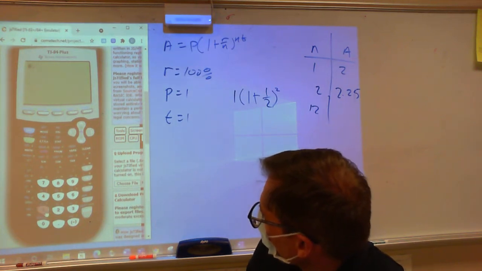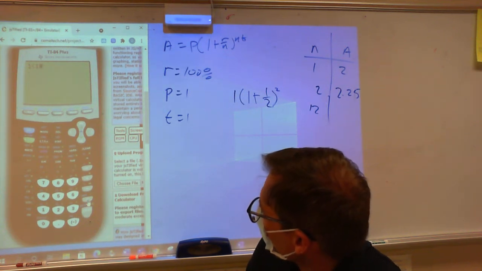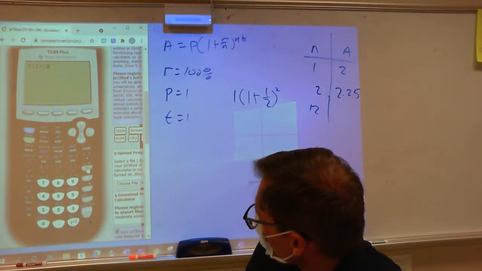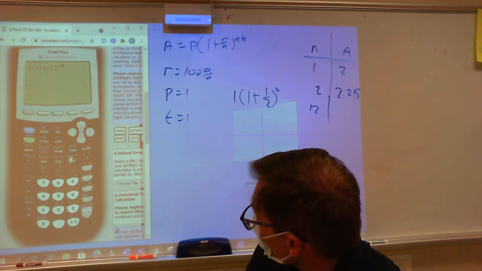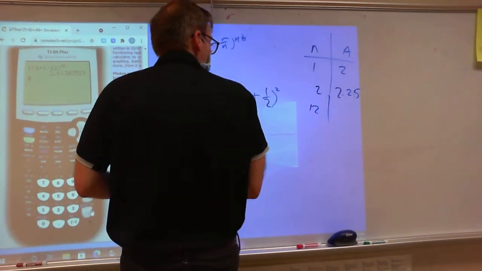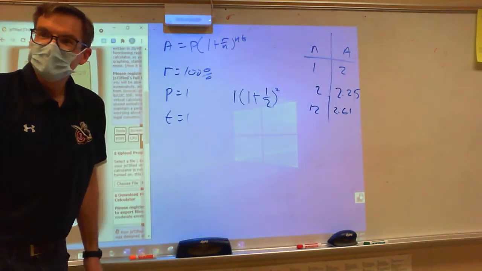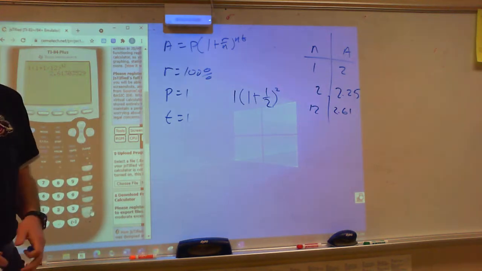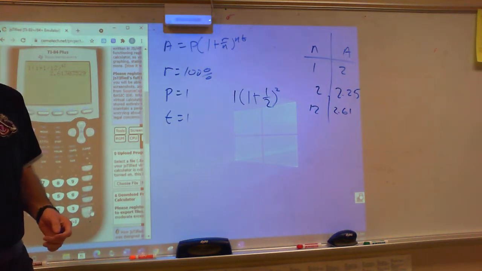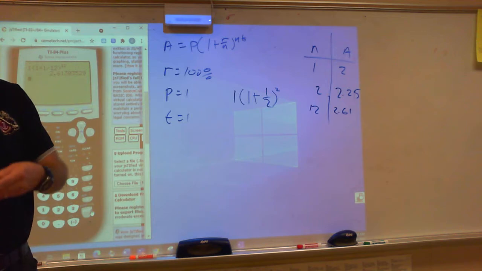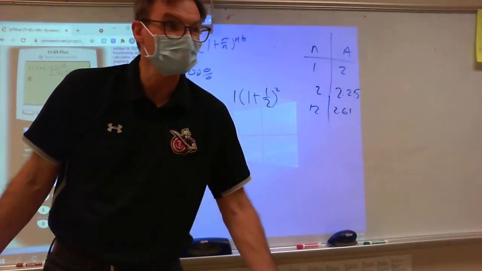So if we do 1 plus 1 divided by 12 to the 12th, 12, not 2. No, $2.61. We're getting more money, right? Now, obviously we're not going to get an infinite amount of money, but I'm curious if we get to $3. So the more times you compound, the more you get.